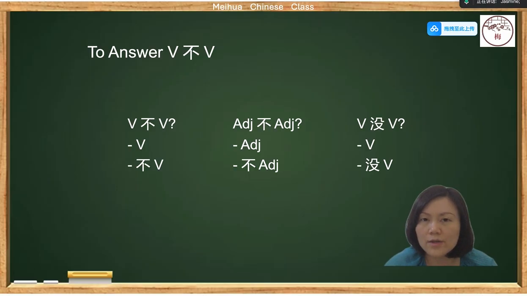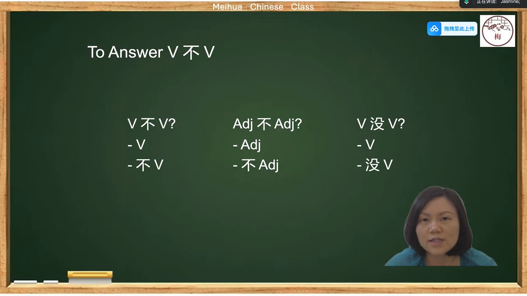Since now it's 2 p.m., I'm just asking about something in the past. 你吃没吃午饭? Did you have lunch yet? So in Chinese, I'm using verb, 没, verb. So you should answer like this. Either you did something or you didn't do something.